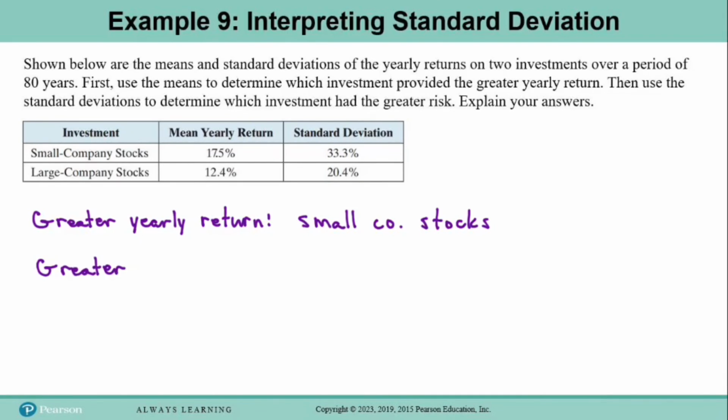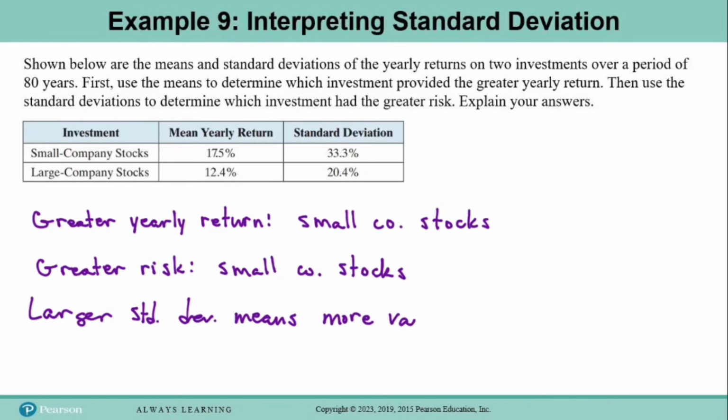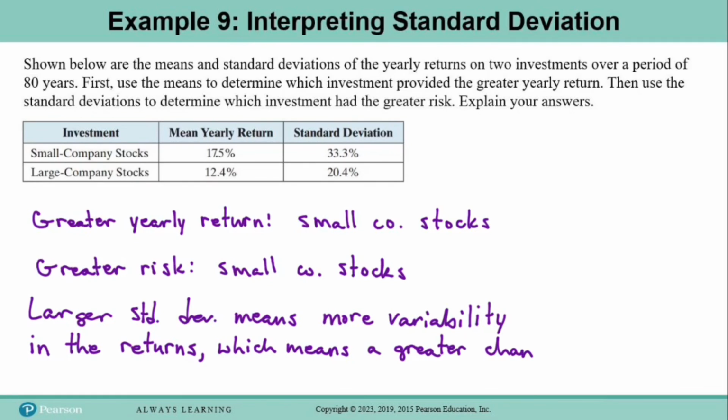So for the second part of the question, we're going to say that the greater risk also belongs to the small company stocks, and here's why. The larger standard deviation means more variability in the returns, which means a greater chance of earning less than the mean. So basically, the larger the standard deviation is, the greater the risk is of earning something that's far below this average number.